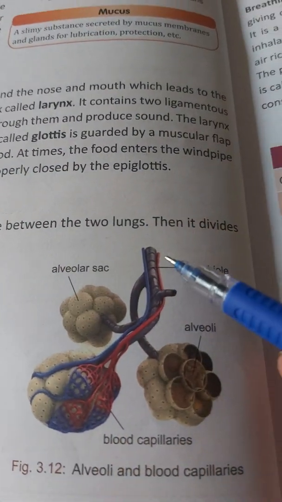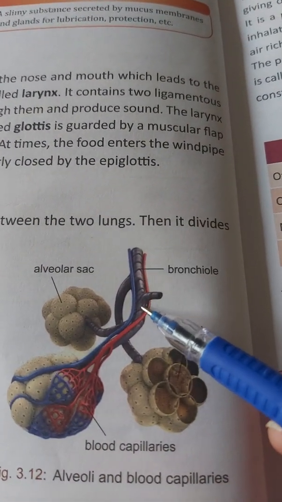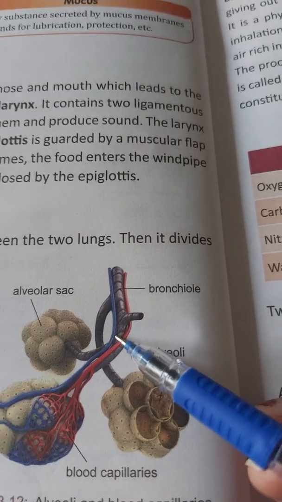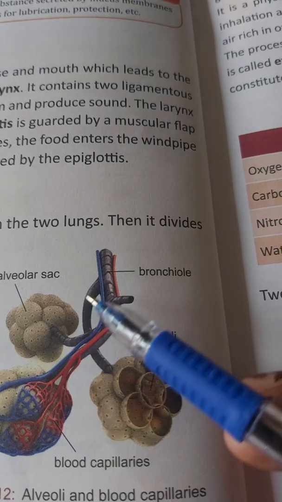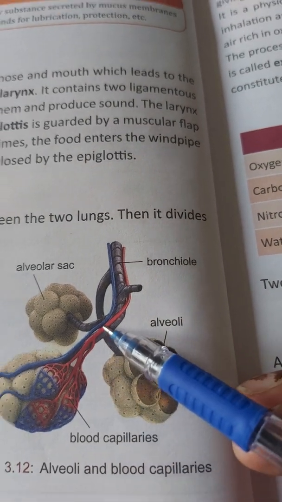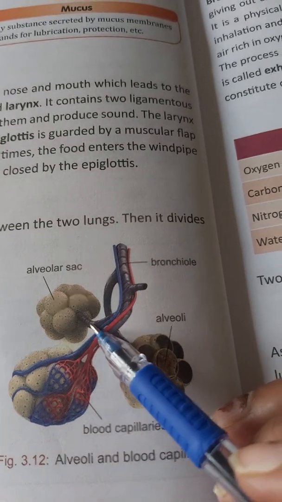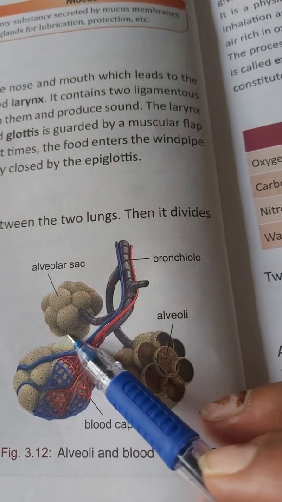See here, this is the bronchiole which is divided from the trachea, and there are many bronchioles. Many bronchioles are there, and each bronchiole ends up in an alveolar sac. This is the alveolar sac.